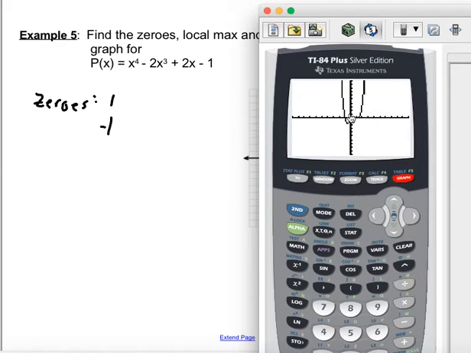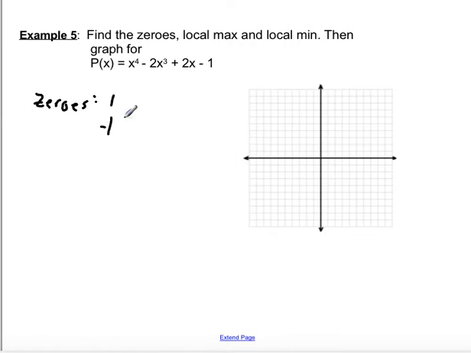So negative 1, nothing special there. And then at 1 there, if you notice, that's a triple zero. It's doing that kind of a cubic function through this. So this ends up being my triple. So we've got one here at negative 1 and here at 1.